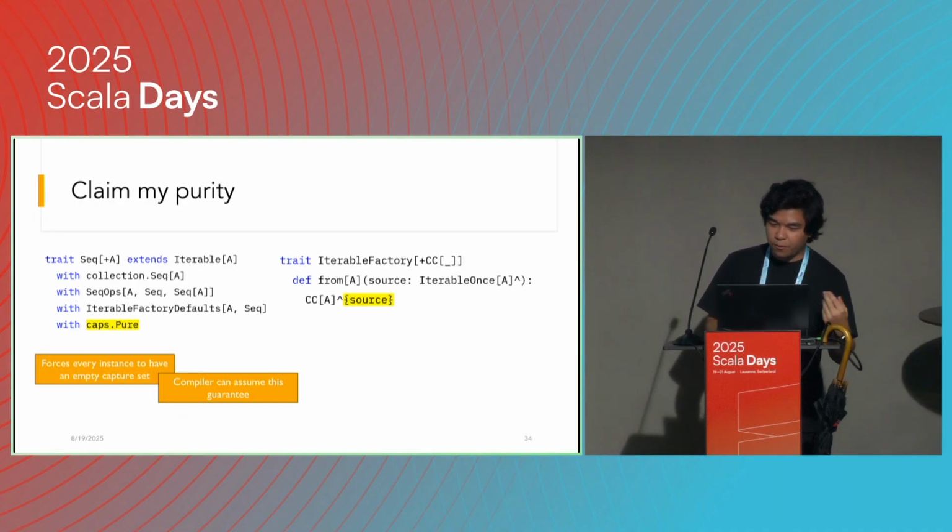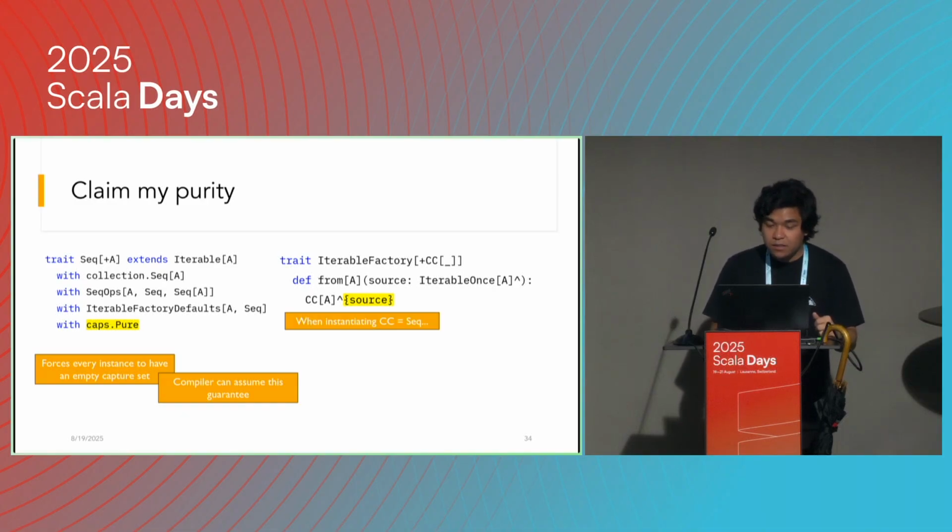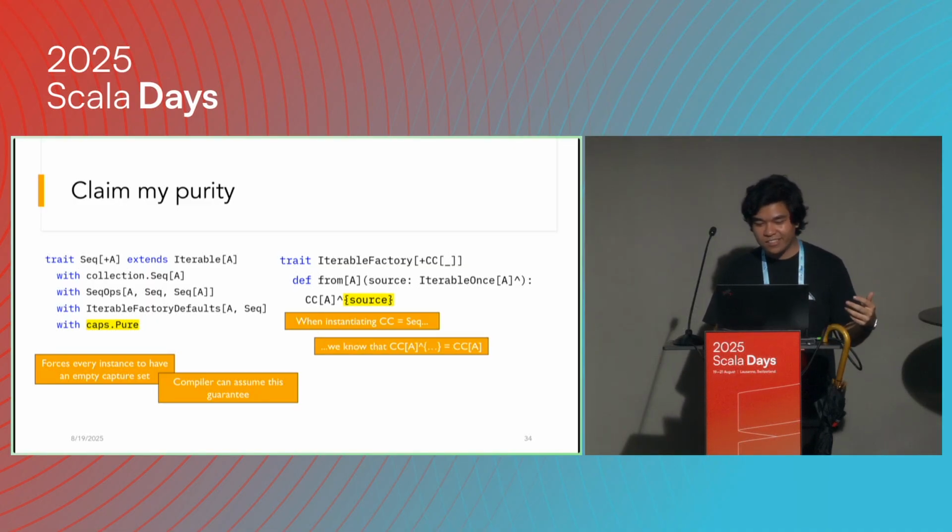And so, for example, in the same iterable factory, we have this from function. It takes an iterable once and returns a CC[A]. So CC is the collection higher-kinded type. You'll see a lot of them in the standard library. And it captures source by default because it is the factory of anything that is iterable. But when we instantiate CC with Seq, the compiler knows that every valid instance of CC is going to have no capture set.